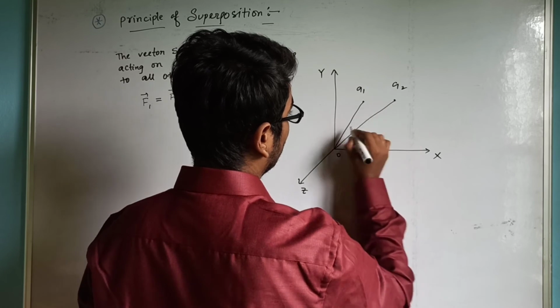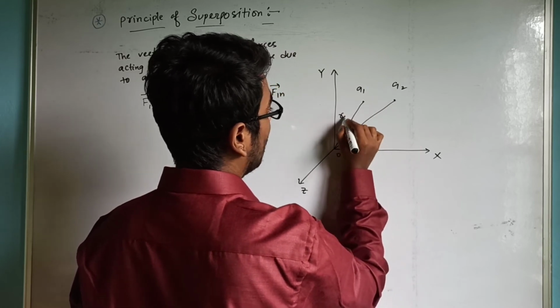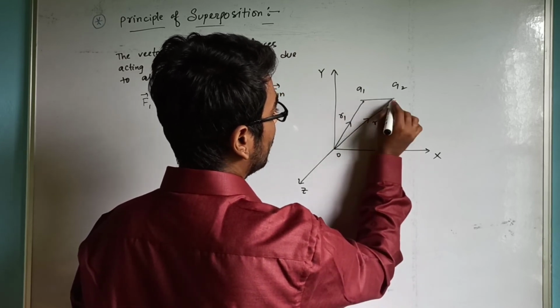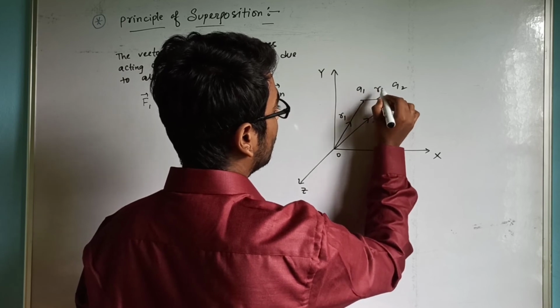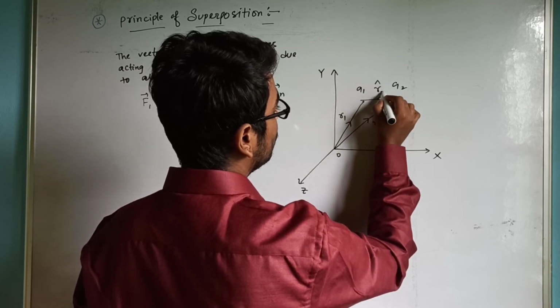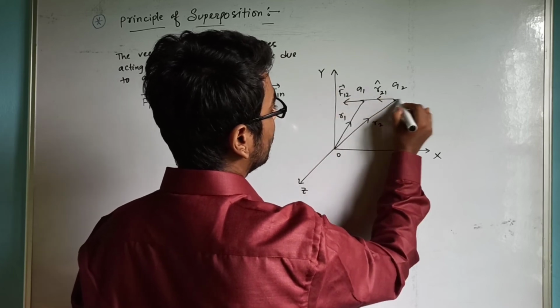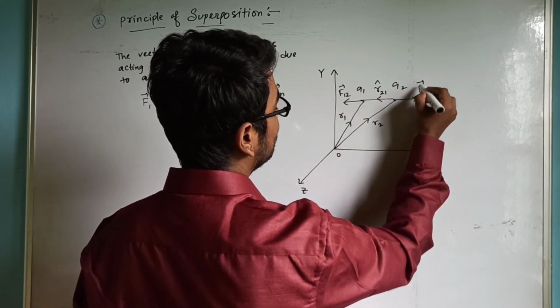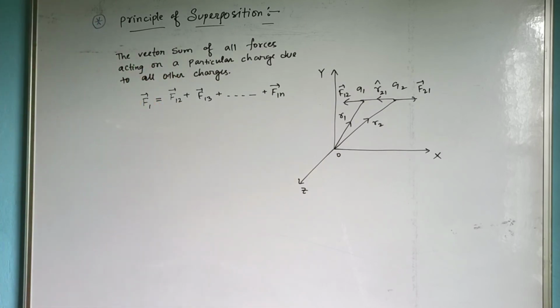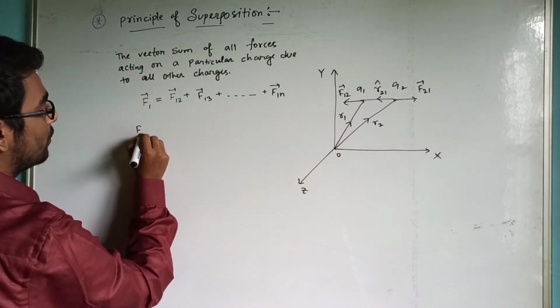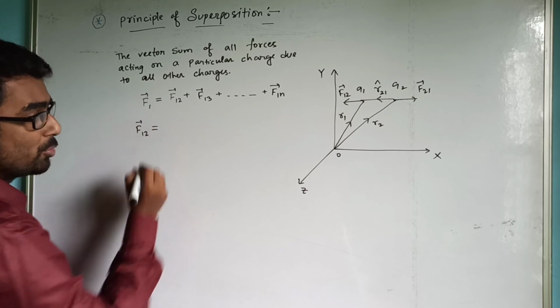Let this one be R1, this one be R2, and this one be R cap 21. The force in this direction will be F12 and in this direction will be F21. So we have to write the expression for F12 first.